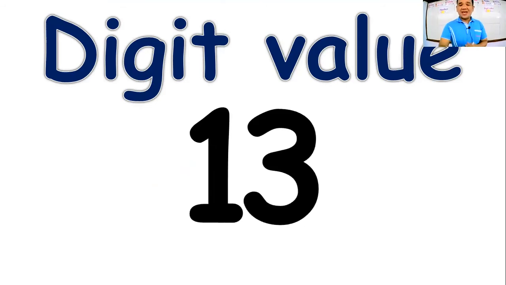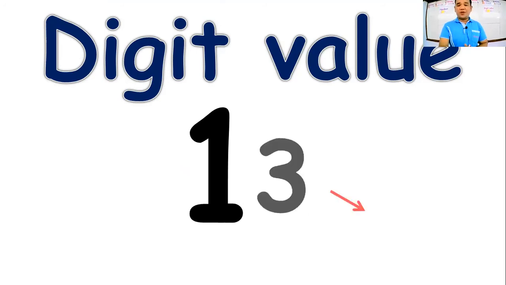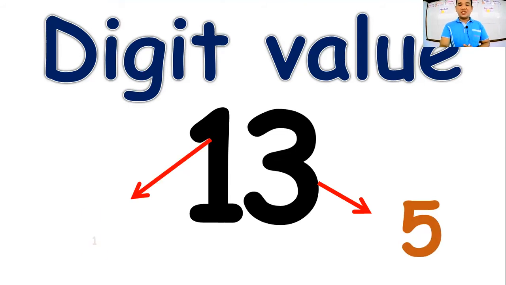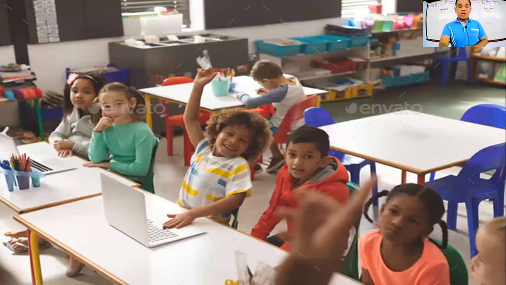What is the digit value from our given number, which is 13? The digit value of 3 is, of course, 3.